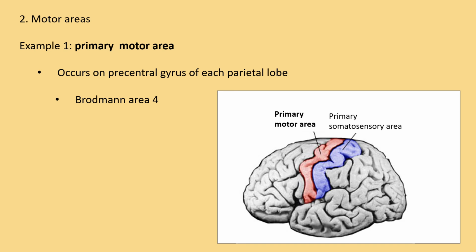The primary motor area is highlighted in red, and the fissure, the deep crevice between the two, is called the central sulcus. On the primary motor area, there is also a map of your body, and your voluntary bodily movements arise from these regions of your primary motor area.